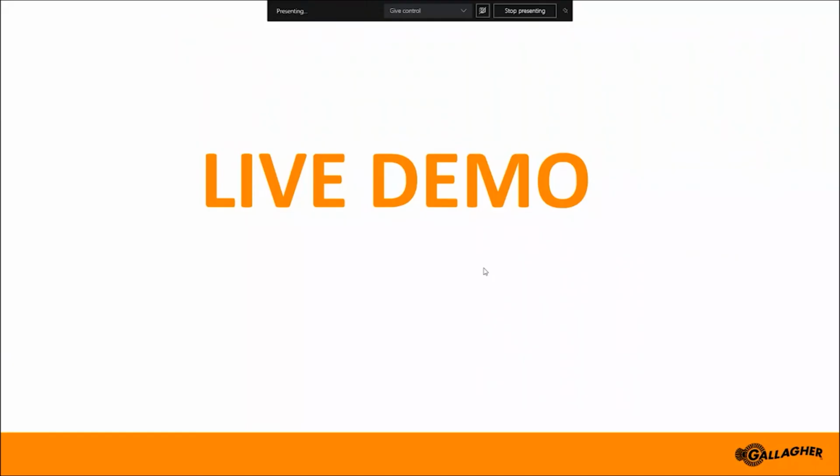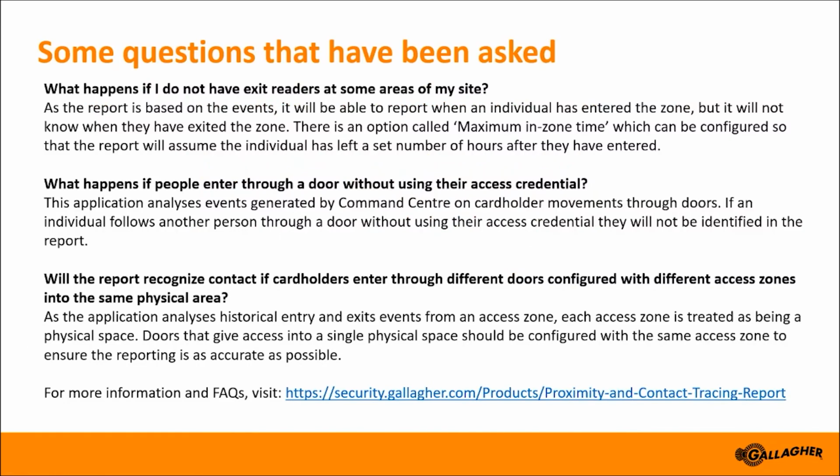Yep. So before we go into any questions that have been raised during this presentation, I would like to go over some of the questions that we've been asked previously, and I thought it would be really good for us to answer these questions here. So the questions that have come up are mainly these three. So the first question is around what happens if I do not have exit readers at some areas of my site.